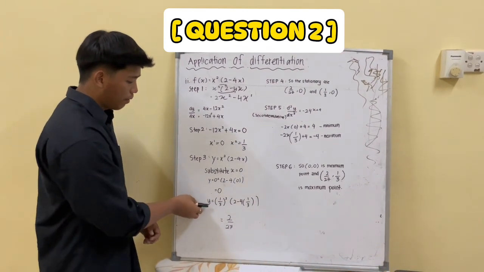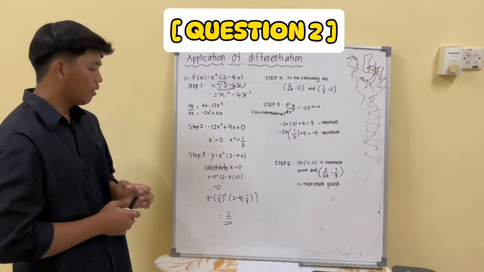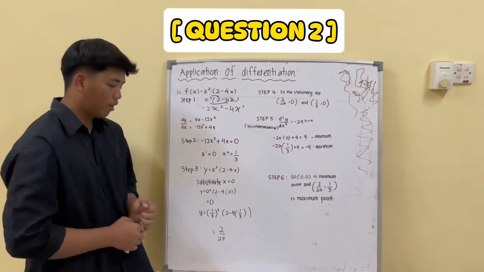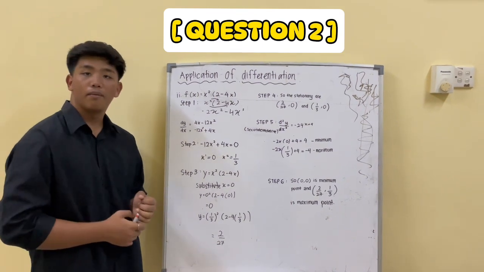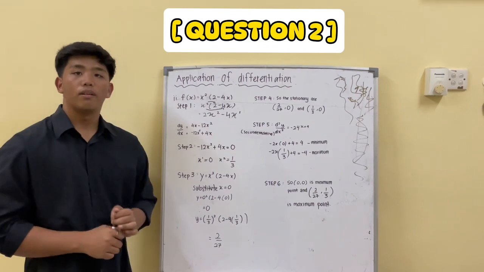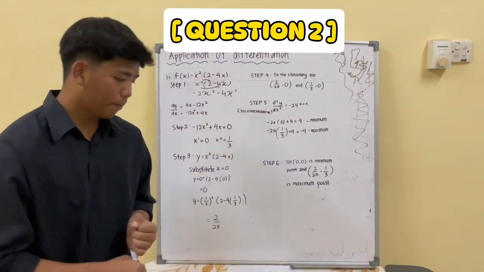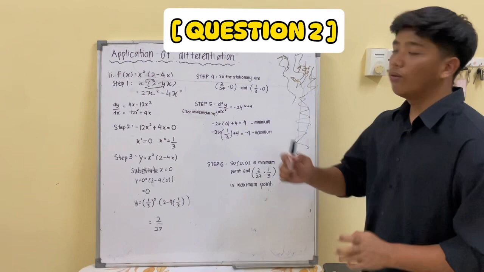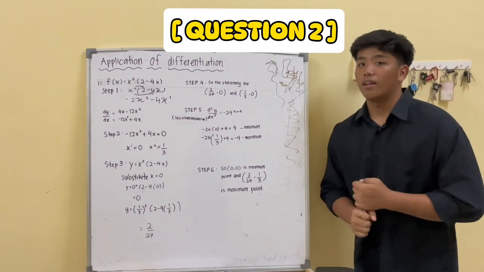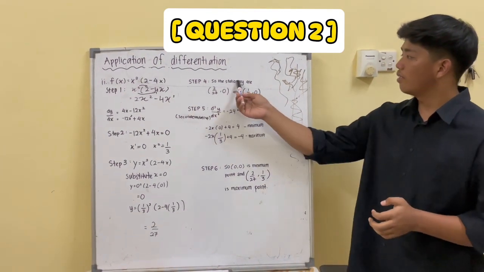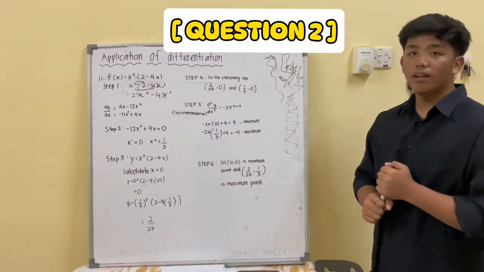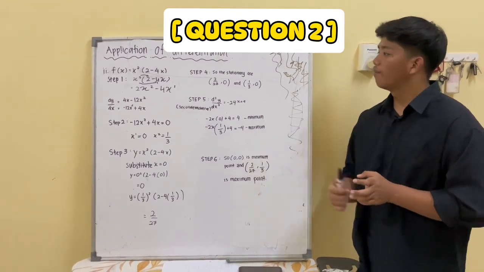Lastly, y equals (1/3)² in bracket 2 minus 4(1/3), and lastly we get 2 over 27. Okay, so we go to step 4. We have to find the coordinate x and y. So the stationary points are (0, 0) and (1/3, 2/27).